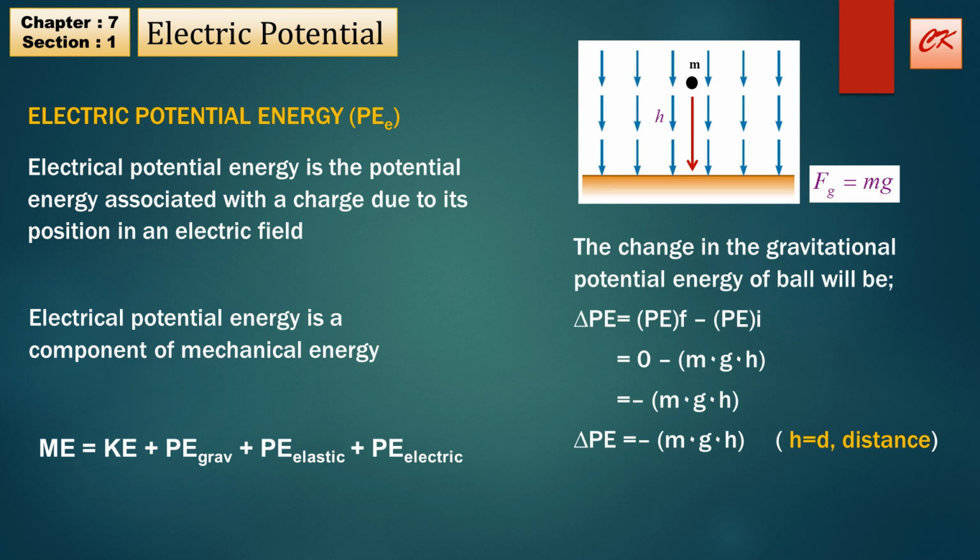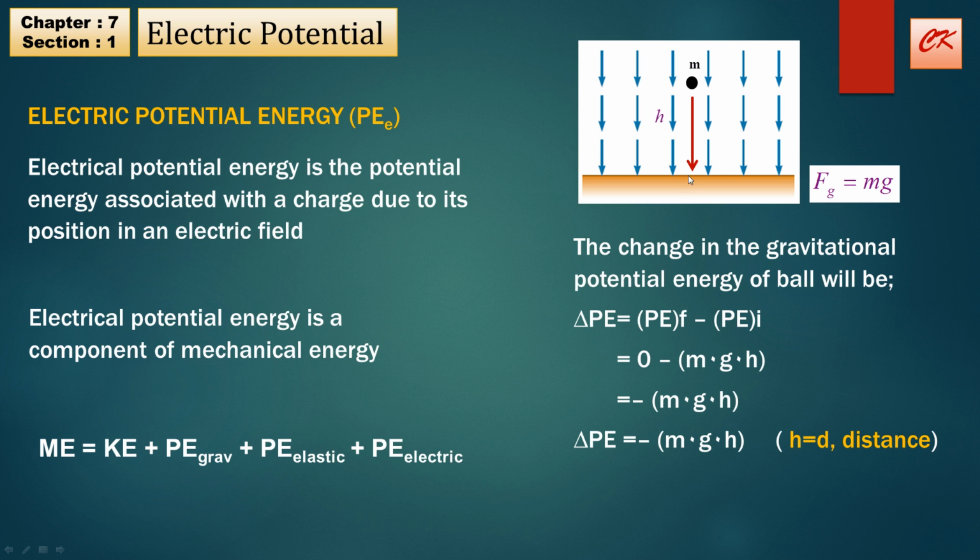The change in the gravitational potential energy of the ball will be delta PE equals PE final minus PE initial. As you see here, when the ball falls on the ground, its potential will be 0. At the top, it has a potential of mgh, and the result will be negative mgh.